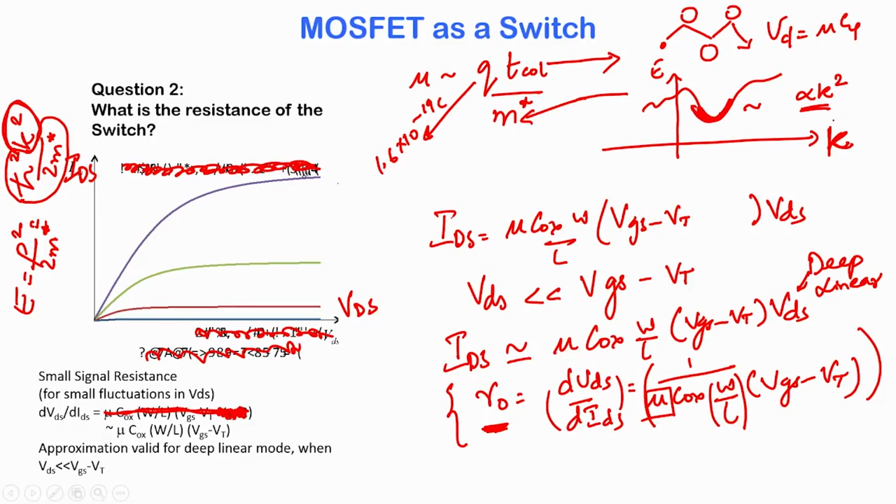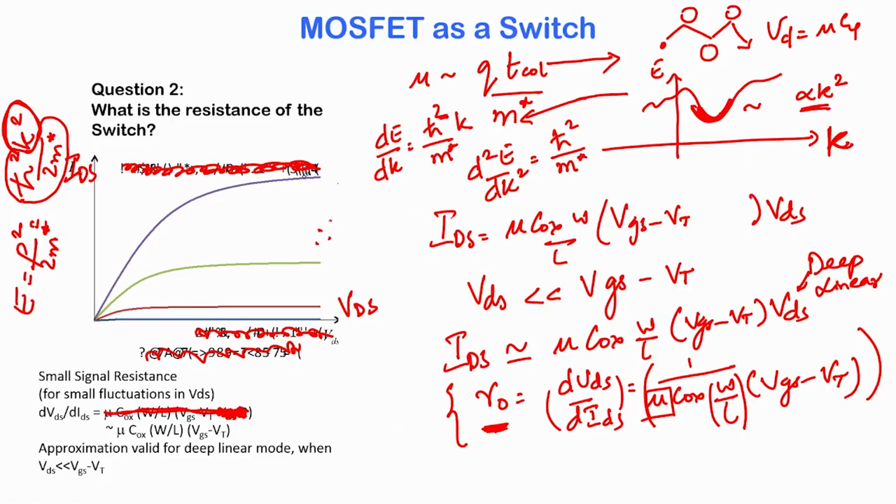And what is the effective mass? We identified it from the second derivative of E. So, dE by dk is h bar square by m into k, and d square E by dk square is h bar square by m star, and therefore, your m star was nothing but h bar square by d square E by dk square.